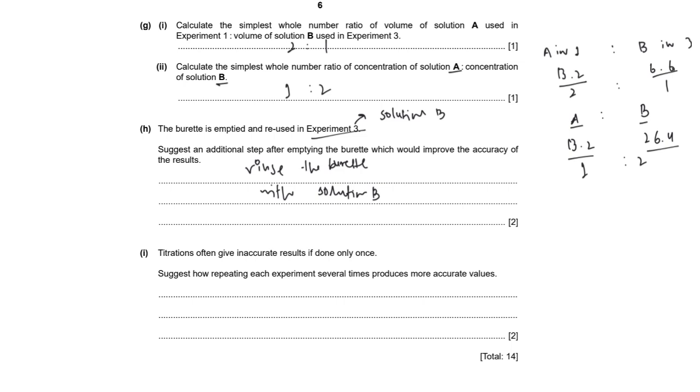Titrations often give inaccurate results if done only once. Suggest how repeating each experiment several times produces more accurate values. See, we keep on repeating experiments until we get similar results. And once you have similar results, similar does not mean exactly the same, it means closer results, you can simply take their mean or average values.